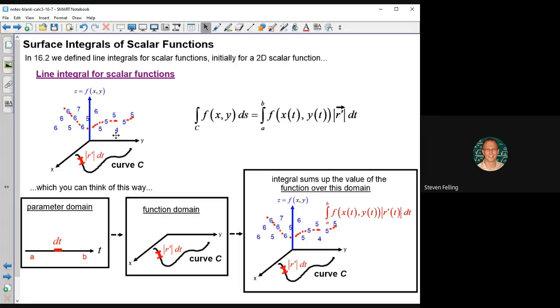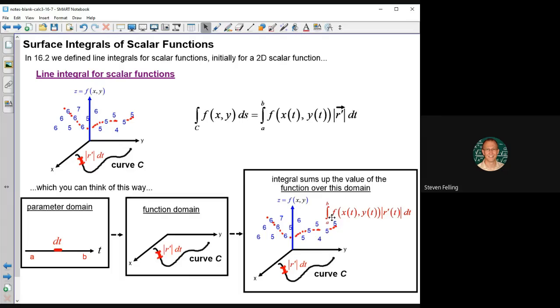But what we did was we took this curve and we parameterized it. So we have a parameter domain where we have the single parameter t. And then that's parameterized into the space curve in the function domain. So we parameterized to get a position vector, to get the xy position on the curve based on the parameter t. And then there's a scalar function value for each of the places in xy.